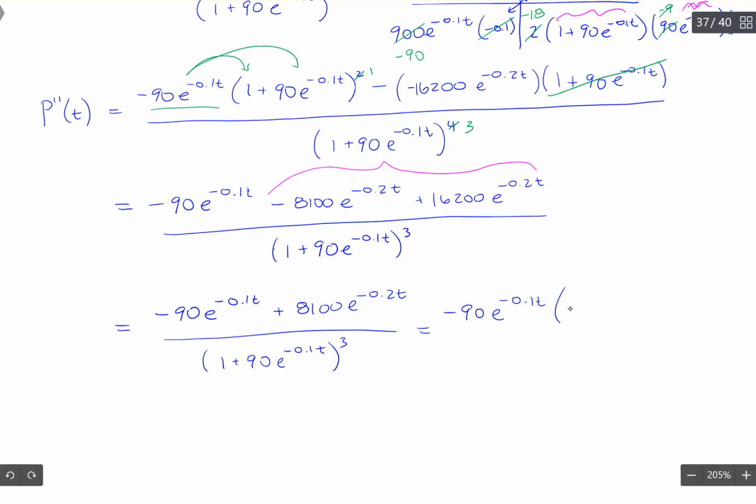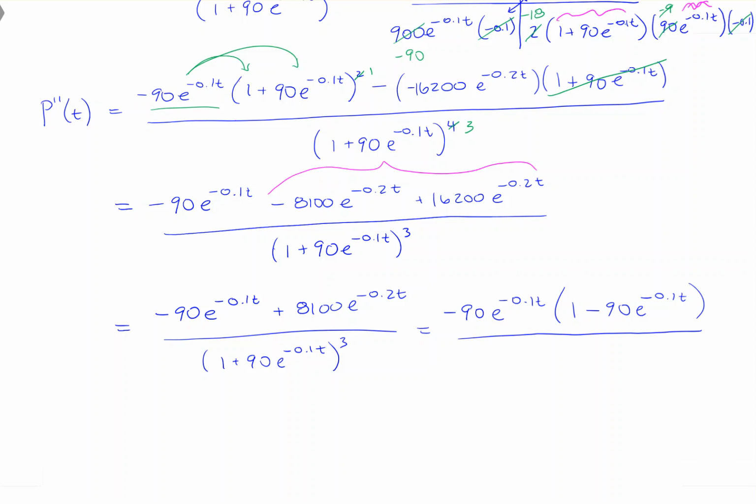So that leaves me 1 in the first term minus 90 e to the negative 0.1t. And that e to the negative 0.2t reduced to e to the negative 0.1t for the same reason that I showed you a little bit ago as to how those things multiply to double, they divide by half. So not going to go through that again.